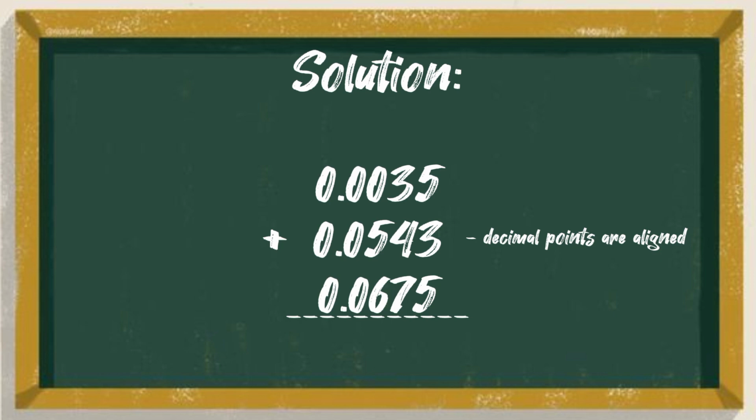5 plus 3 equals 8. Plus 5, we have 13. So 13, bring down 3 and carry 1. 3 plus 4, we have 7. Plus 7 equals 14. Plus 1 equals 15. Bring down 5 and carry 1. 0 plus 5, we have 5.